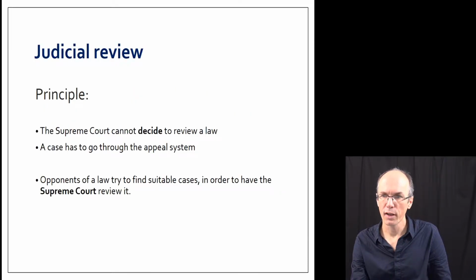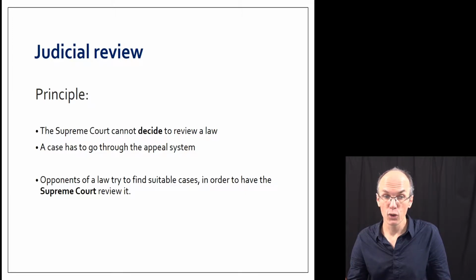What happens with judicial review? Well, judicial review means that the Supreme Court will examine the constitutionality of an act or a law or a decision by the executive. But the Supreme Court cannot do it on its own.